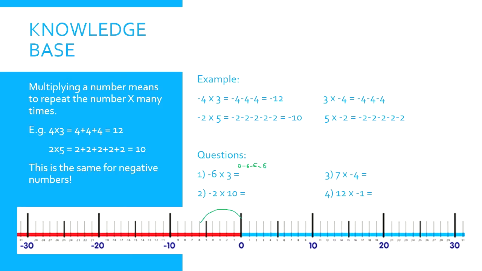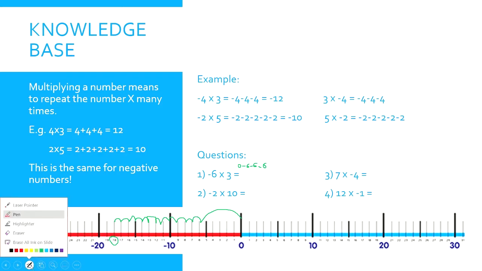Then I'm going to take off another 6. 1, 2, 3, 4, 5, 6. And then I'm going to take off my third 6. 1, 2, 3, 4, 5, 6, which gets me all the way down to negative 18 as my answer.